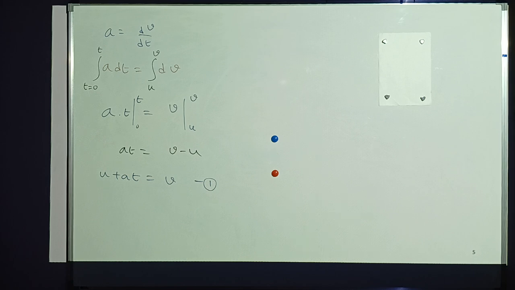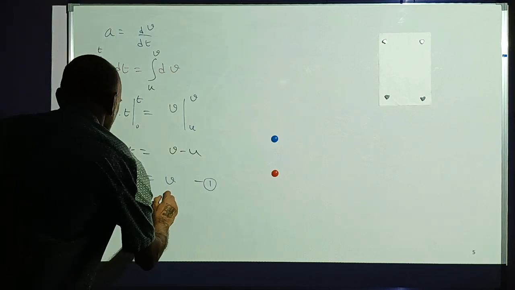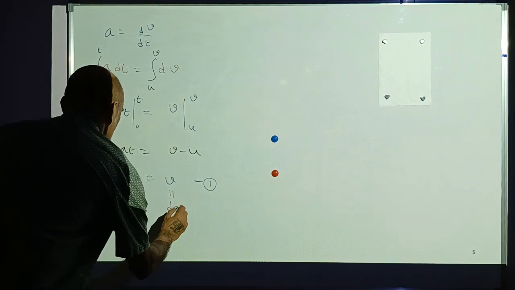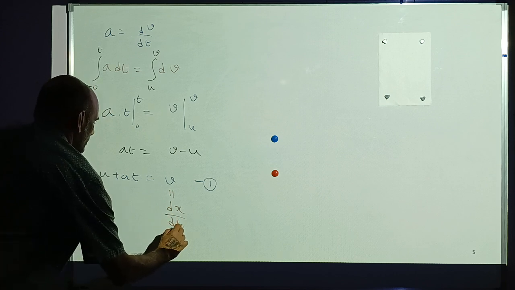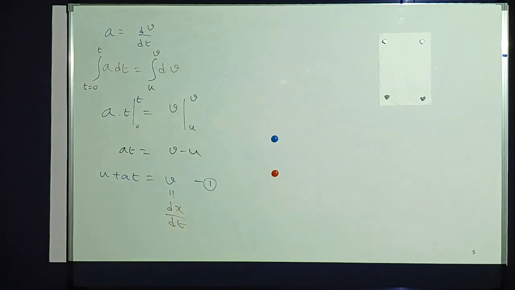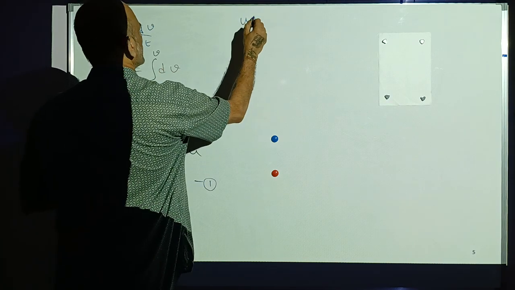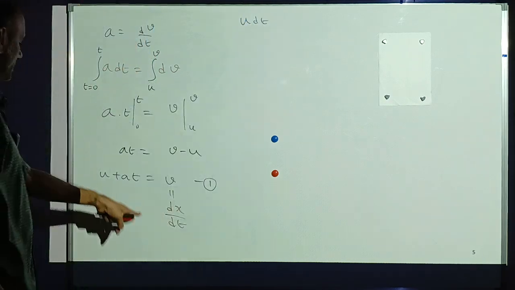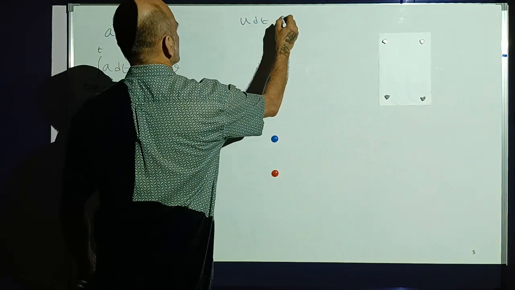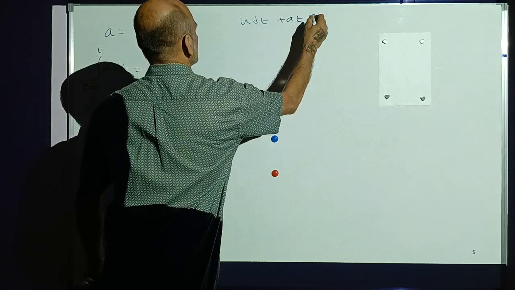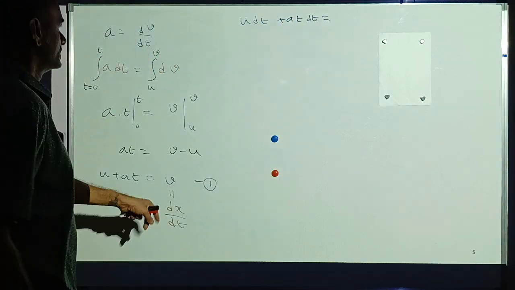And velocity is nothing but rate of change of displacement, that is dx by dt. So that means u dt, you can take this dt here, as at dt equal to dx.